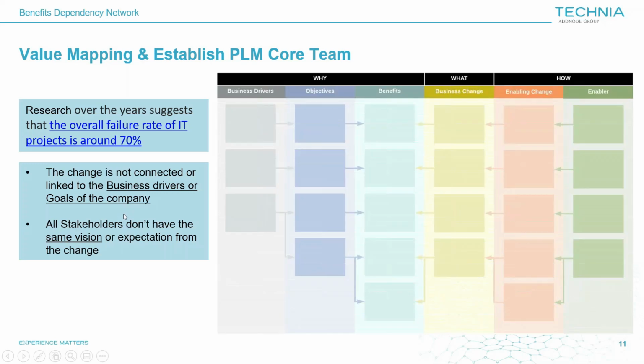So for that, we propose what we call benefit dependency network or customer value model. It's basically mapping your values. So what it does is, as you can see here, you have the why part. This is based on your interview, your company goals, for example. You will understand what are the business drivers.